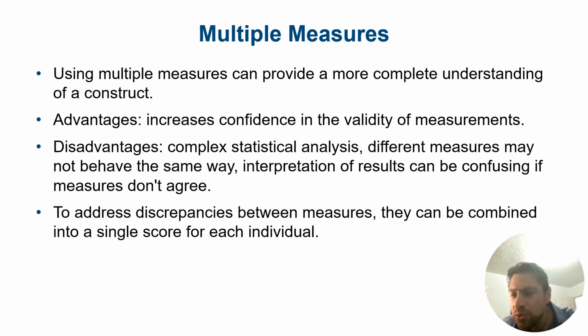How do you interpret potential disagreements or discrepancies between your measures? So you can introduce more complexities into the study. One approach that people have used is to combine multiple measures into a single score. So you're working with one value that is a composite of multiple measures.